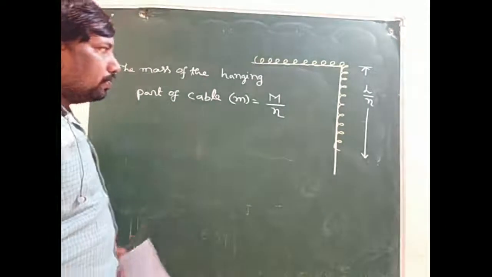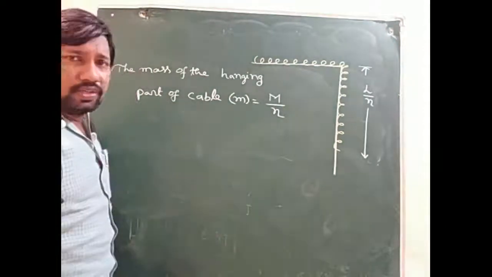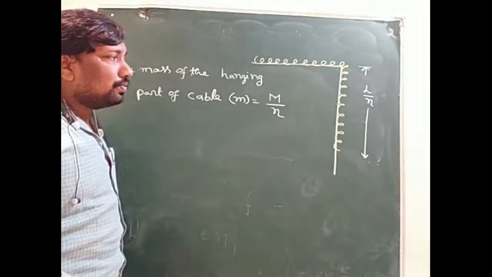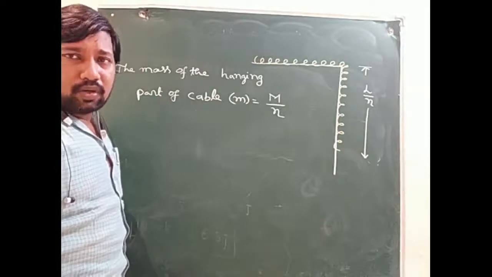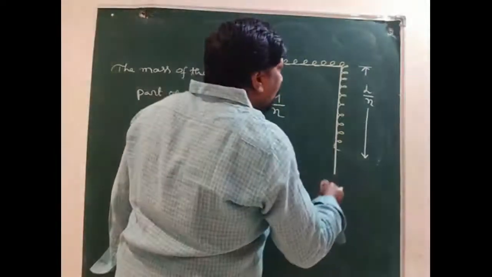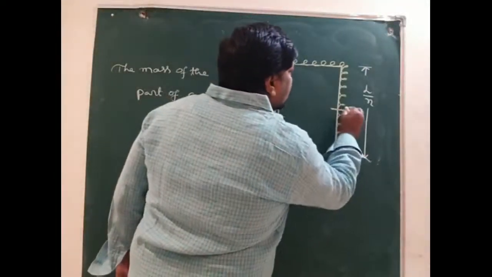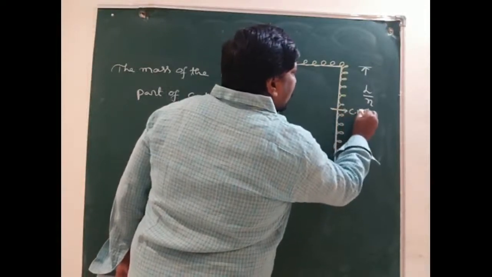Okay. Now in this situation the center of mass of the hanging part of the chain is at half of L by n. So here this is the center of mass.